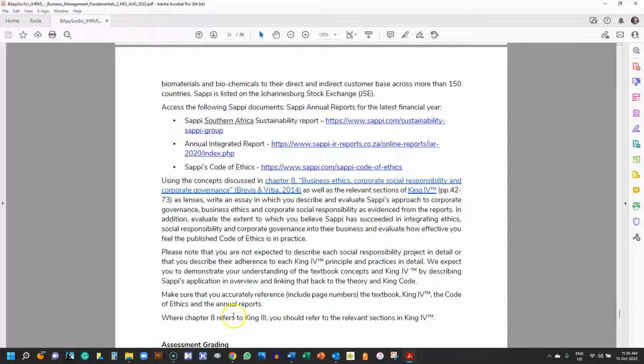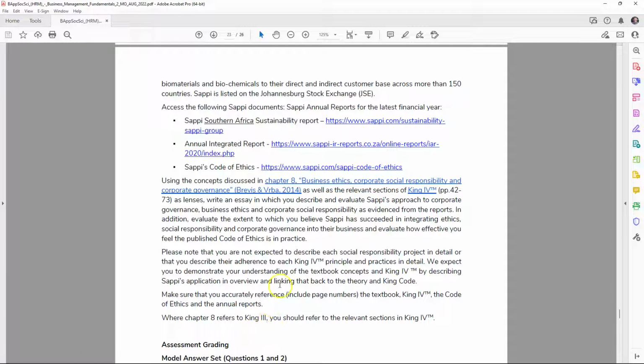And then Chapter 8 in the textbook, the textbook is not quite outdated, but in this respect it's outdated. It's 2014, and up to 2016 the King report, King III, was in place, and King IV came into existence, I think in November 2016.